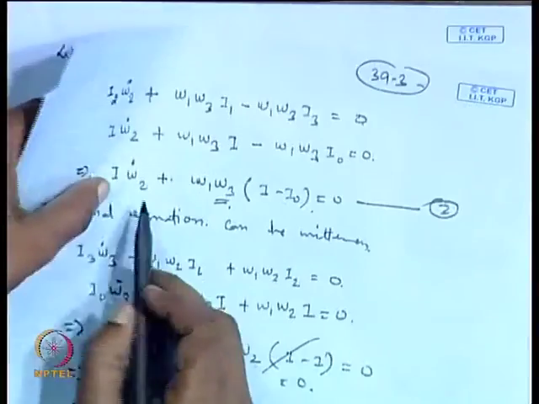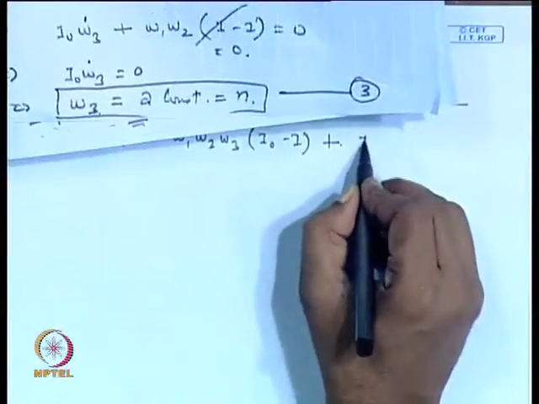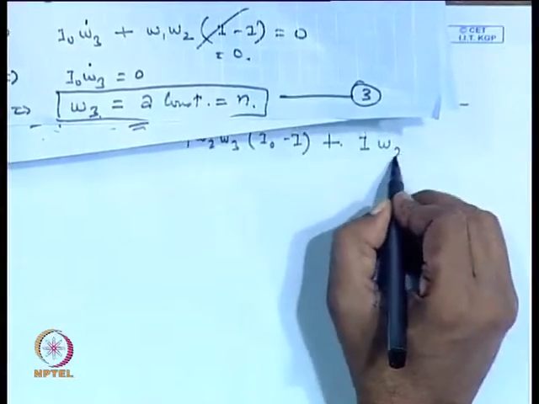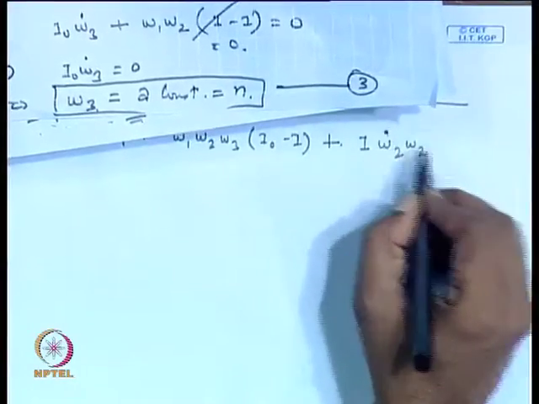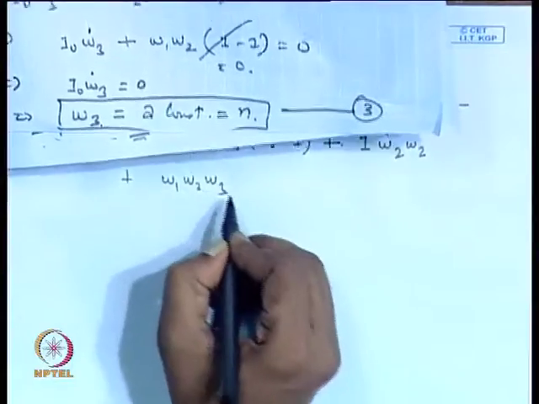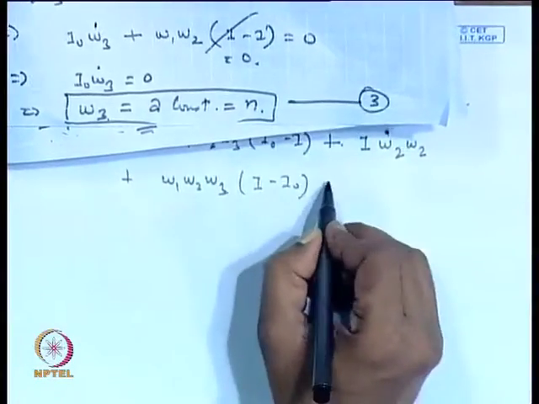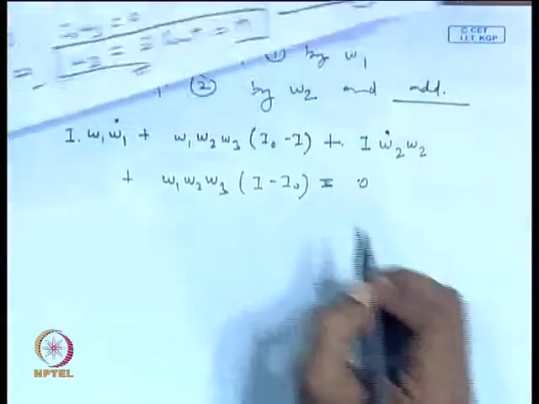So, equation number 2 is here, we multiply it by omega 2. So, I times omega 2 dot times omega 2 plus omega 1 omega 2 omega 3 times I minus I 0, this is equal to 0.